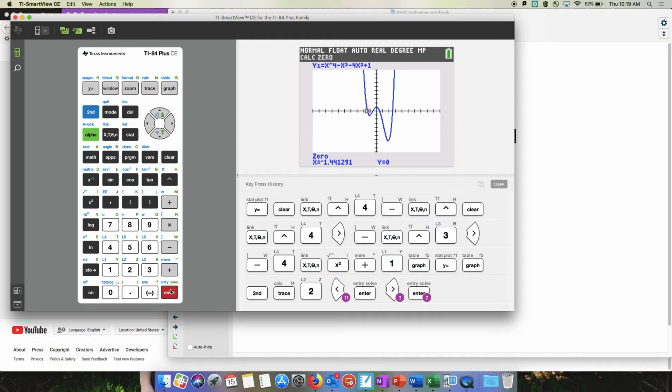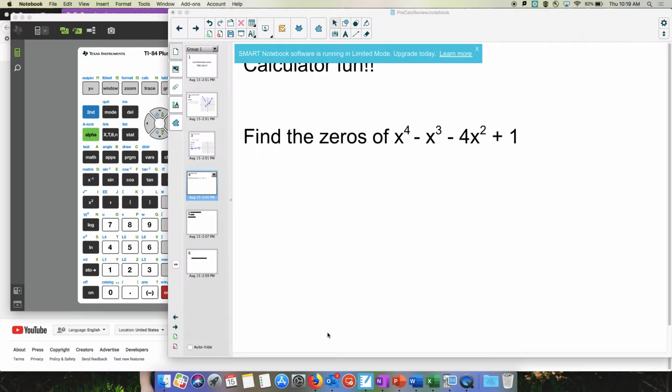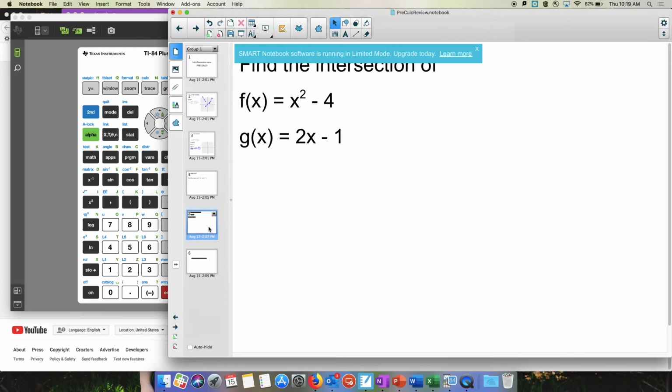Okay. All right. One more thing on your calculator, and then we'll talk about this summer packet. The second thing you need to be able to do to be helpful once we get into the calculus is finding the intersection of two graphs.